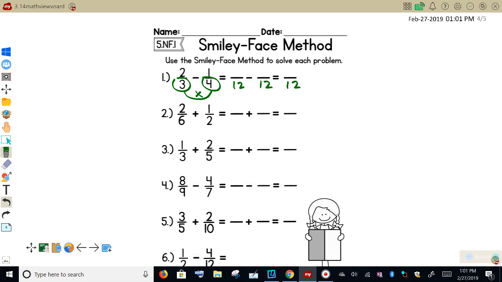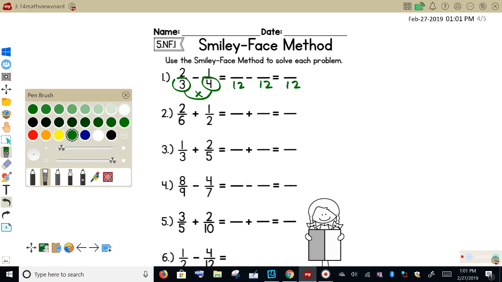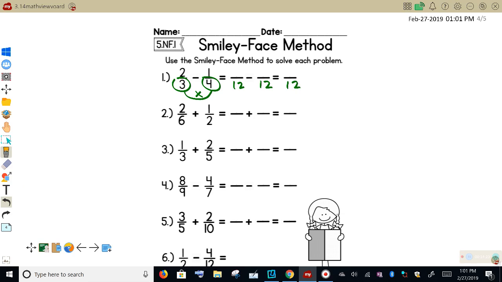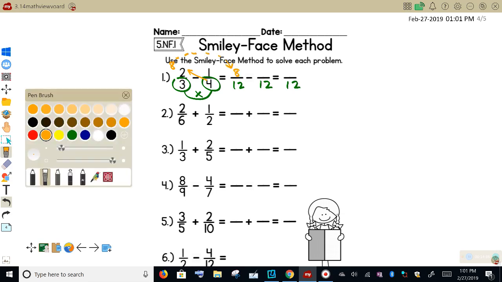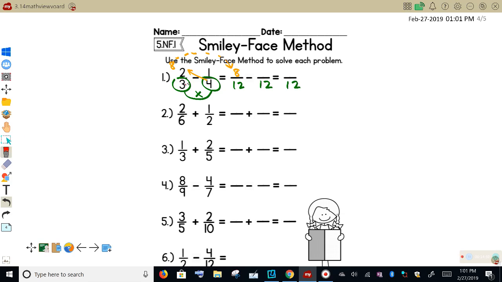How do I figure those two out? Cross multiply. So 4 times the 2 is going to be an 8. And then I'm going to do 3 times 1 to get 3. And I will get 5 twelfths.